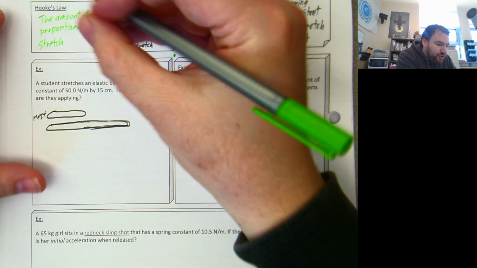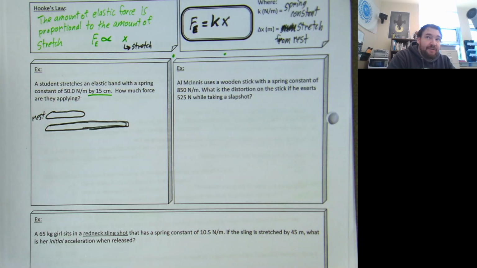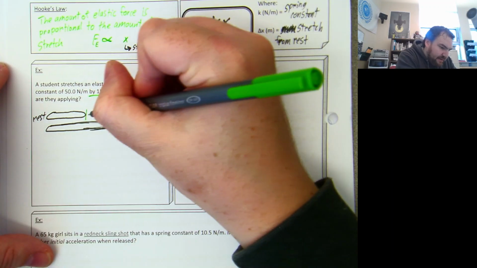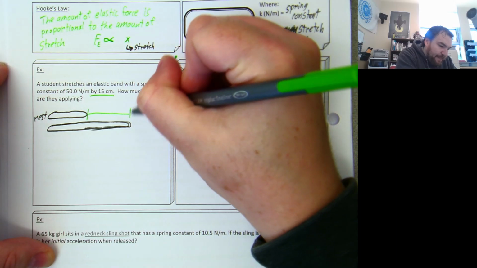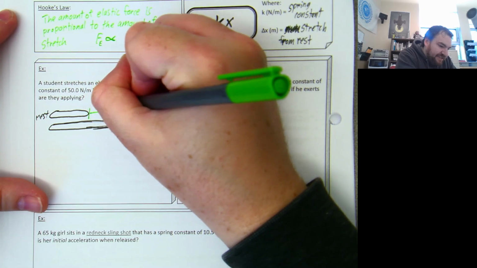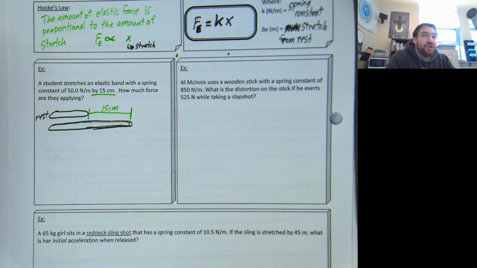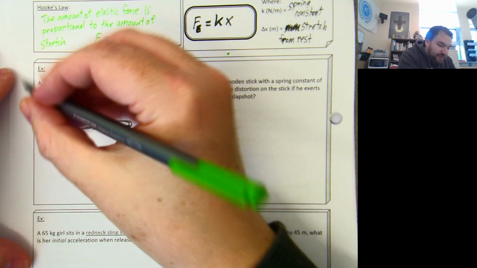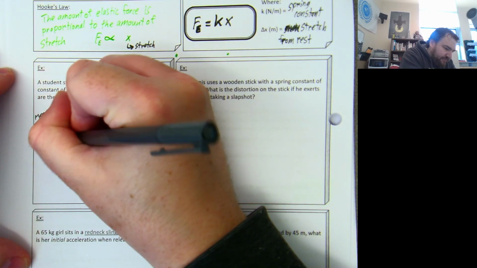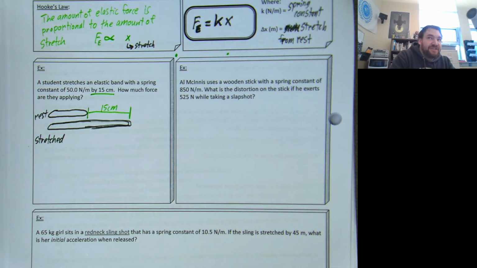What it means to stretch the thing by 15 centimeters is that you've taken the rest length and you've pulled it out so that this distance here is 15 centimeters. It's not 15 centimeters long now, it's 15 centimeters longer than it was. So this is now the stretched version of this thing.